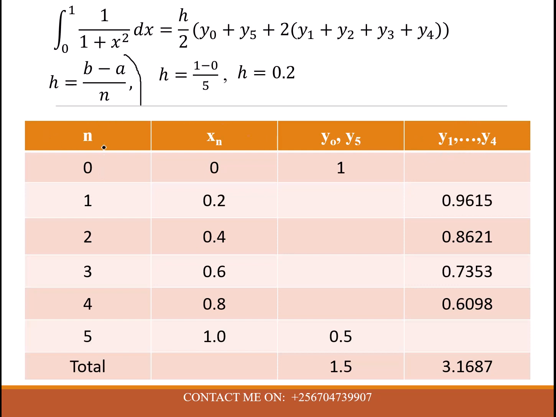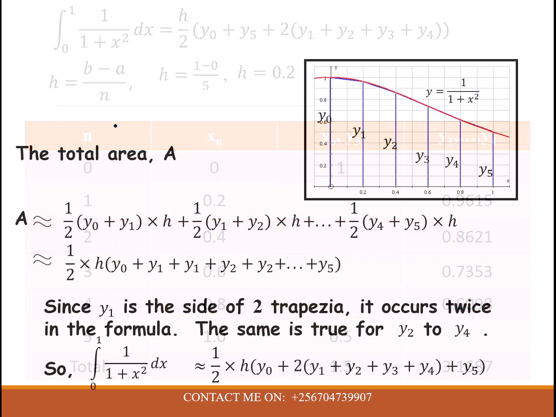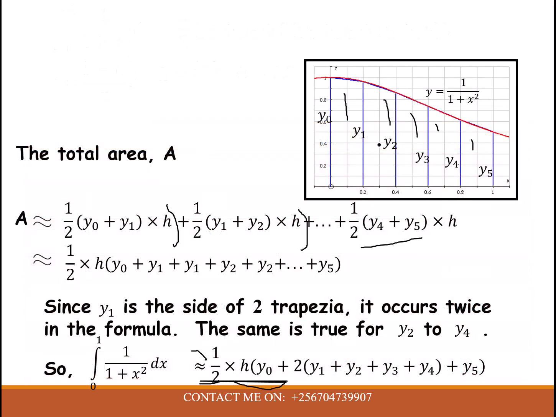You realize that this n, in short, stands for the number of ordinates. When we have 5 strips, for example here, 1, 2, 3, 4, 5, you realize that we have 6 ordinates: 1, 2, 3, 4, 5, 6.